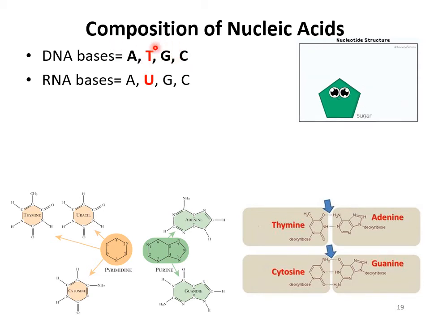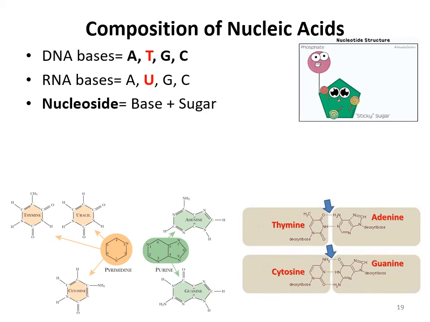For DNA, it's A, T, G, and C, which stands for adenine, thymine, guanine, and cytosine. And in RNA, they have the adenine, the guanine, and the cytosine, but instead of thymine, RNA will have uracil. So these four letters that you see are the bases for each.